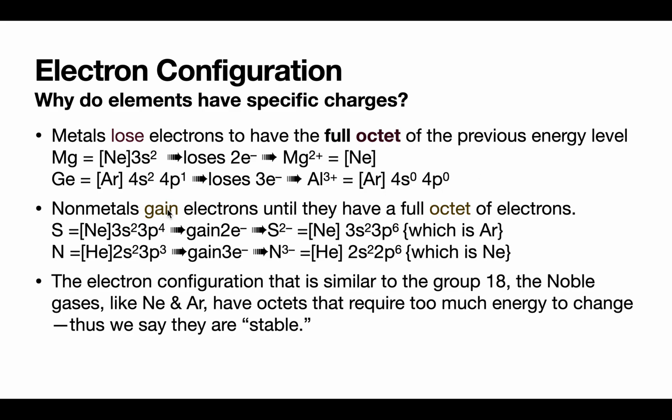The nonmetals gain electrons. That is, they pull in electrons. They have this higher ionization energy. So they pull in electrons until they reach the place where they have formed a full octet or a noble gas electron configuration. Here's that full octet. So sulfur, which needs 2 electrons to get 6 as its p, adds 2 electrons, and then it gets there.